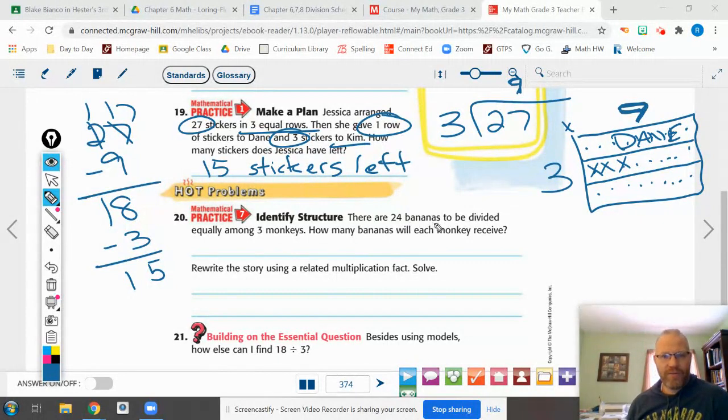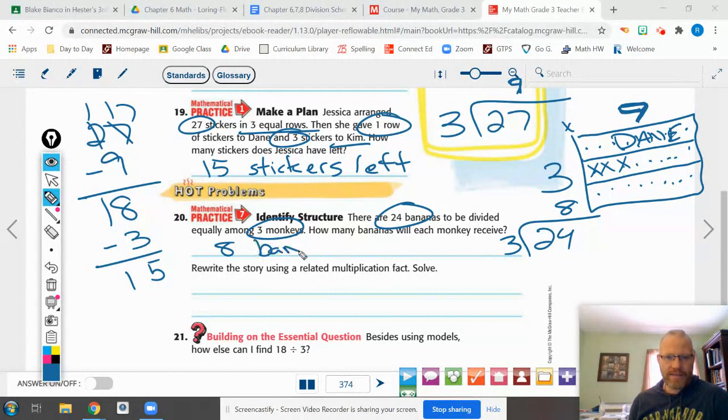There are 24 bananas to be divided among 3 monkeys. So we have 3 monkeys, 24 bananas. So 24 divided by 3 monkeys. 3 times what equals 24? And that is 8. 8 bananas each. Rewrite the story using a related multiplication fact.